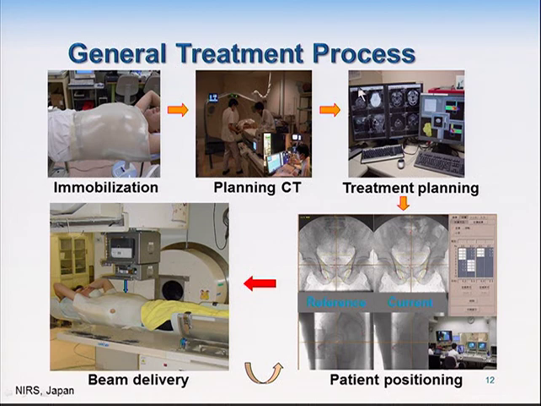This is a general treatment process. Starting from immobilization, we do a planning CT, and treatment planning is important. And then we do patient positioning and beam delivery. This process can be repeated every day until we end the course.